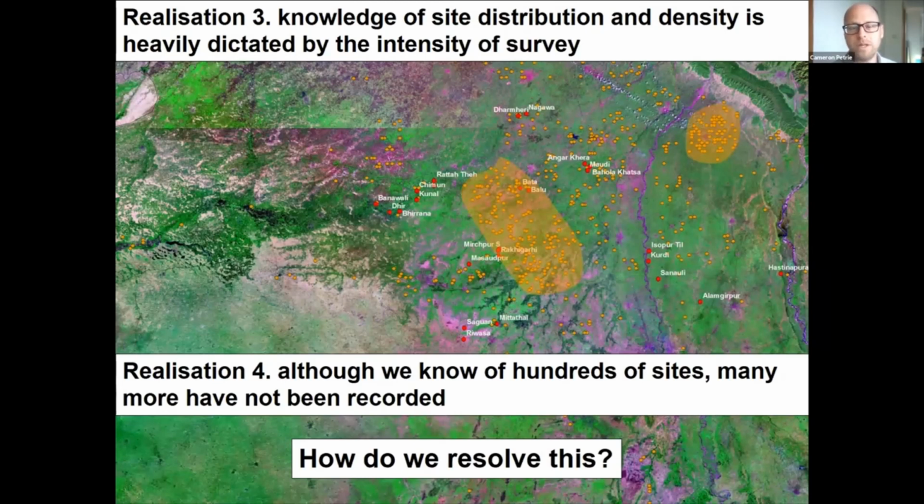But it's important, because we learn a lot on the basis of where we look, but if we don't look in certain areas, we really don't know what is going on in those areas. So if we build up arguments about the number of sites or their distribution based on patches of information, we end up with only a patchy explanation of what it is that we're actually looking at. And that is in many ways a problem.